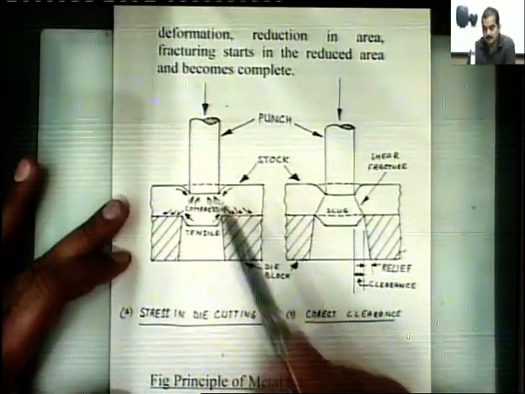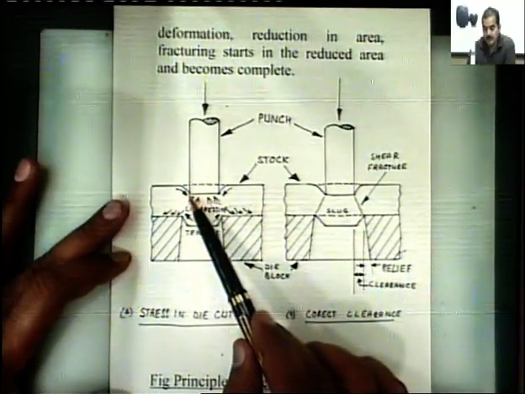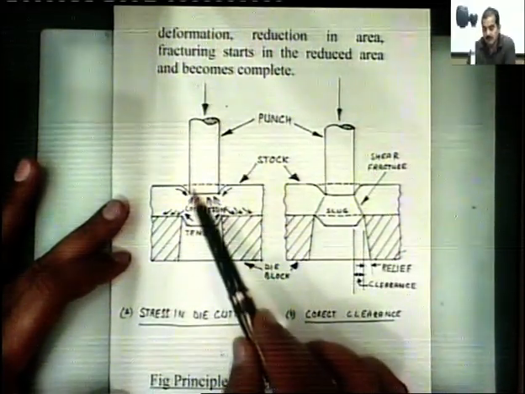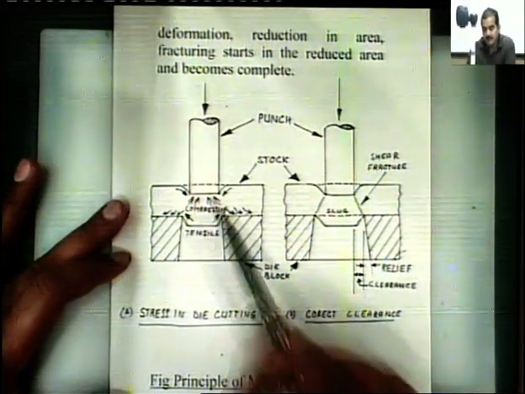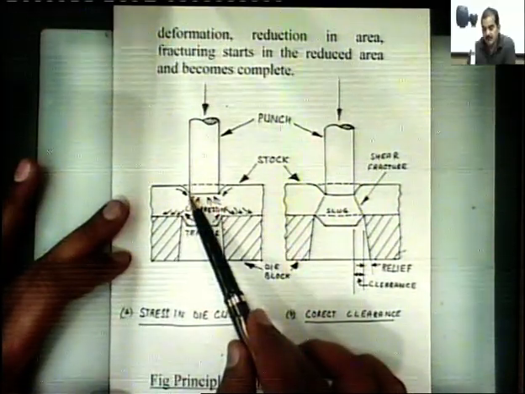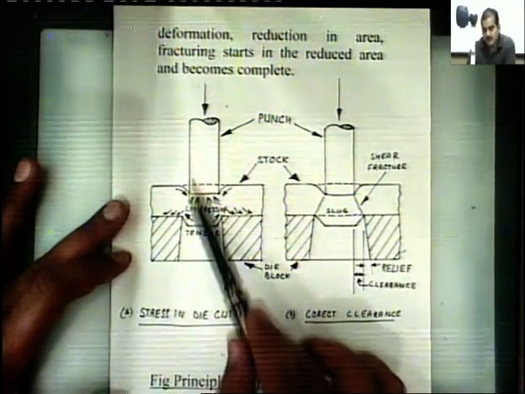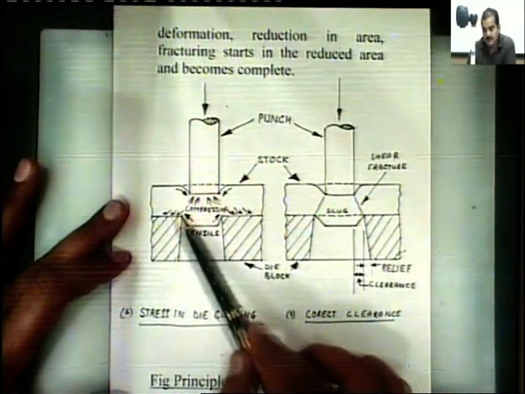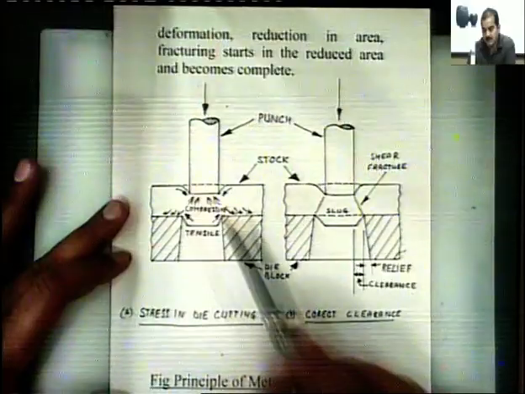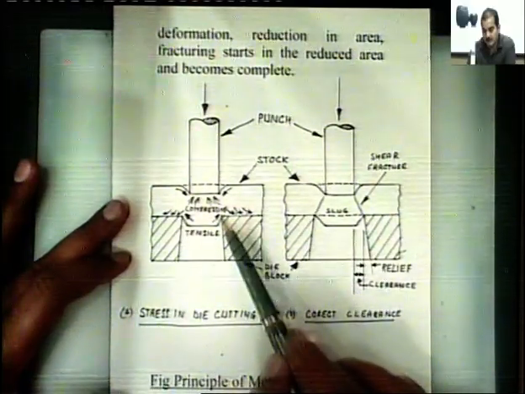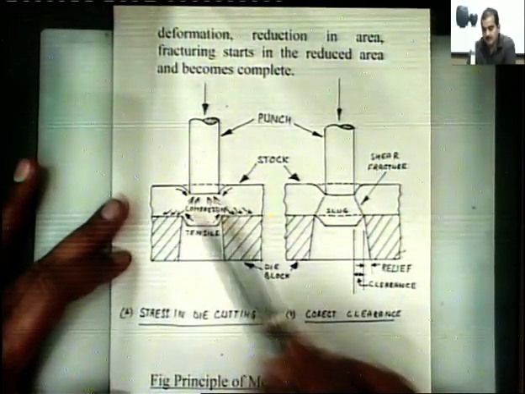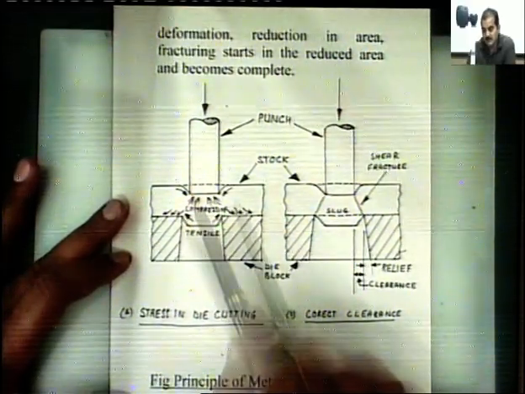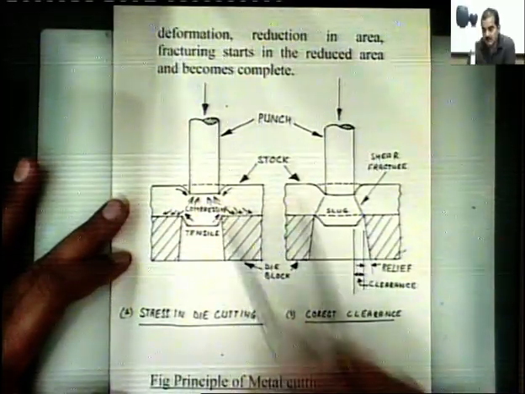Due to this tension or compression, the area gets reduced and fracturing starts on the cutting edges of the punch, on this side as well as this side. Similarly, the cutting edges of the die on this side and this side. So, fractures start one from this side and second from this side.